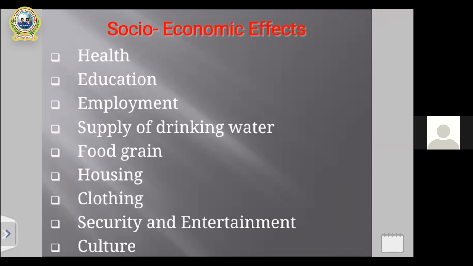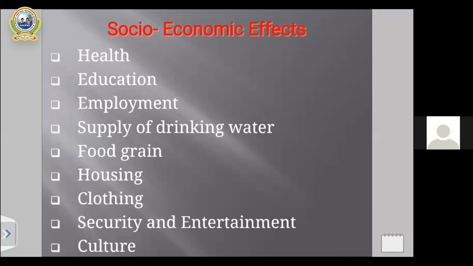Okay, my dear students, Deepsana shared her view that health is the first socio-economic effect of rapid population growth rate. As we all know, different problems arise due to rapid population growth. Health is very essential in our life, and without good health we suffer from varieties of diseases.